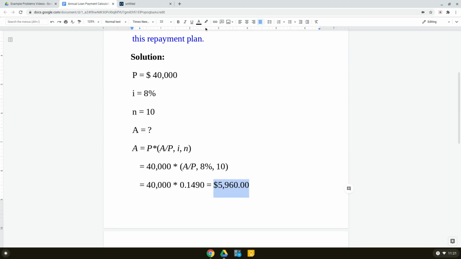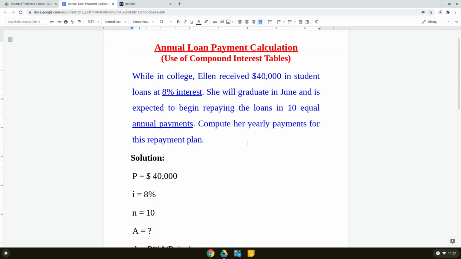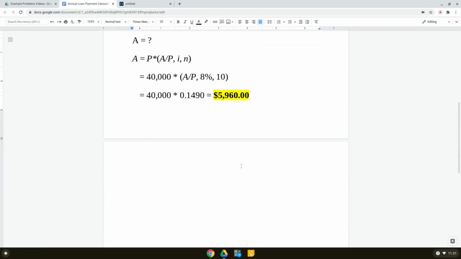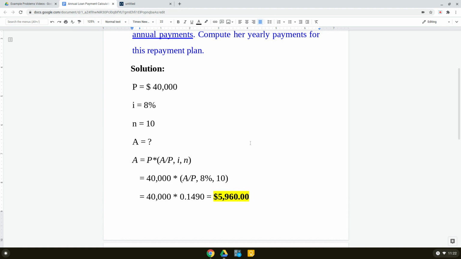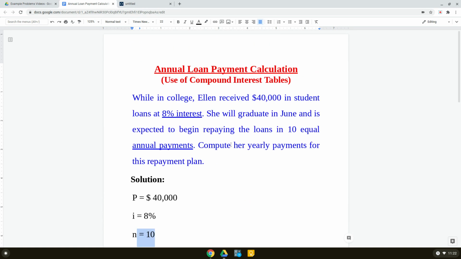What that means is that Ellen has to make a payment of $5,960 every year, and she is going to make 10 such payments to completely pay off her educational loan.